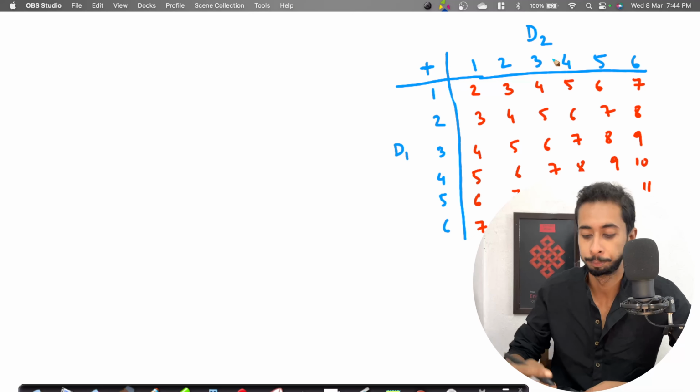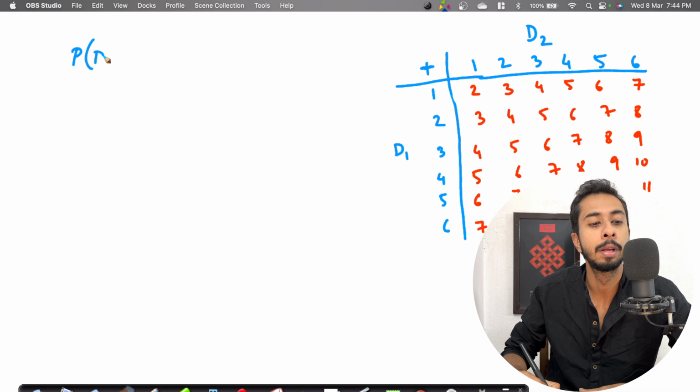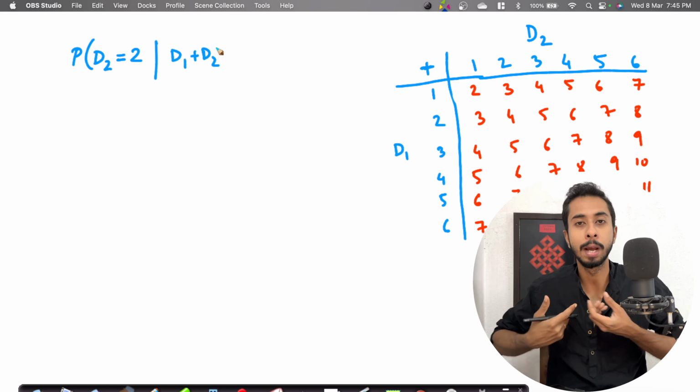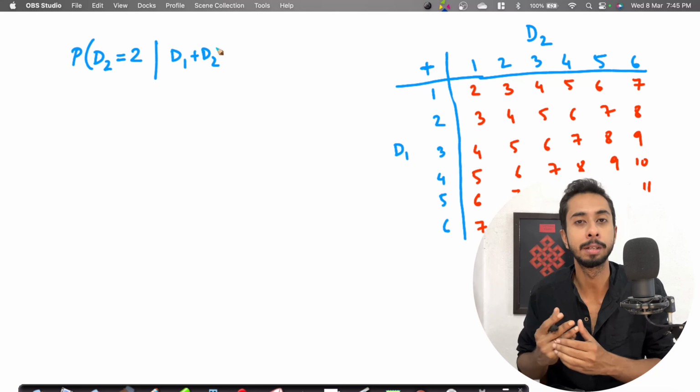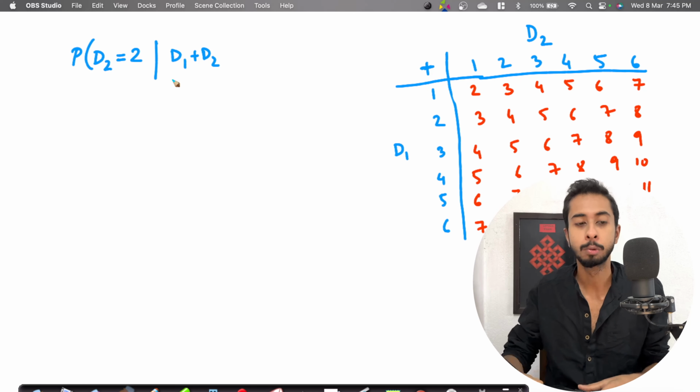Let me model the question. What is the probability of D2 equals, let's say, 2, given D1 plus D2, that is the summation? Two dice are thrown simultaneously, and there will be some values on those two dice.